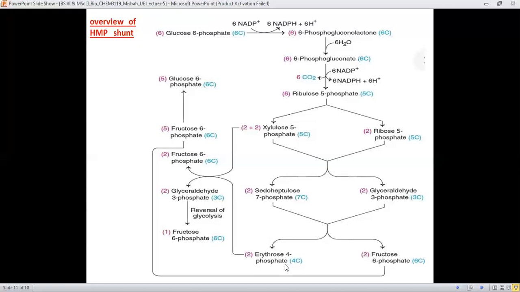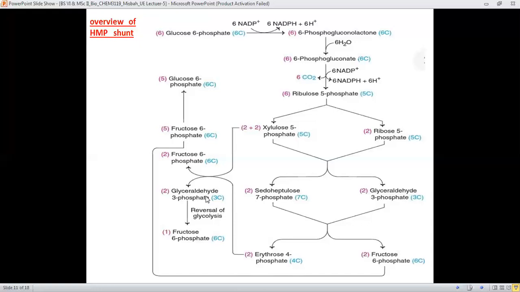And this erythrose 4-phosphate, from here xylulose 5-phosphate comes, and from the bottom erythrose 4-phosphate comes. It's the 5 carbon, it takes up 1 carbon to make the fructose 6-phosphate, whereas erythrose 4-phosphate gives up 1 carbon to give glyceraldehyde 3-phosphate.